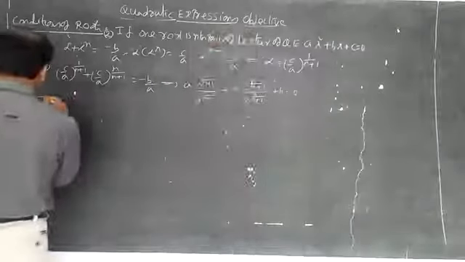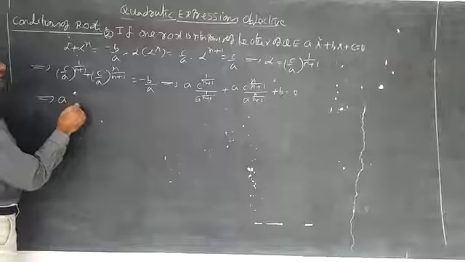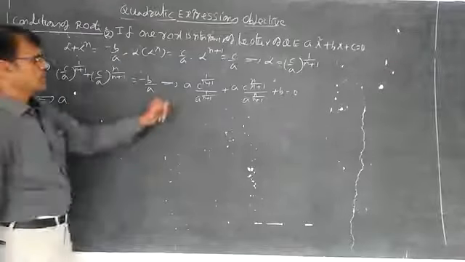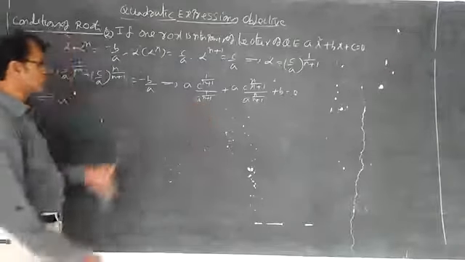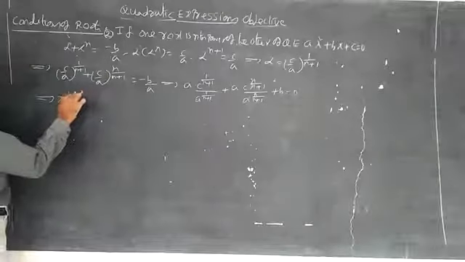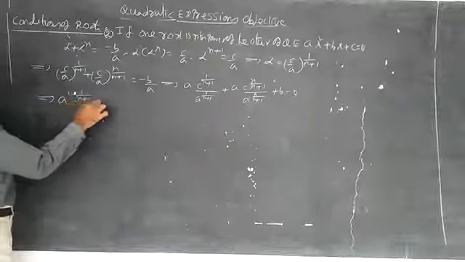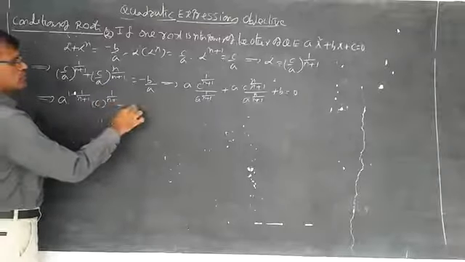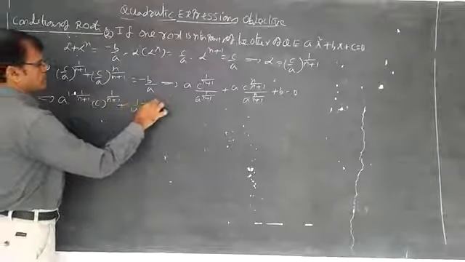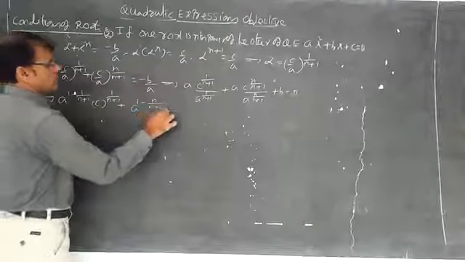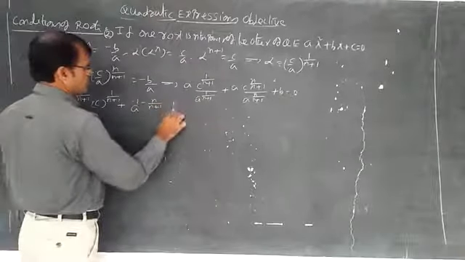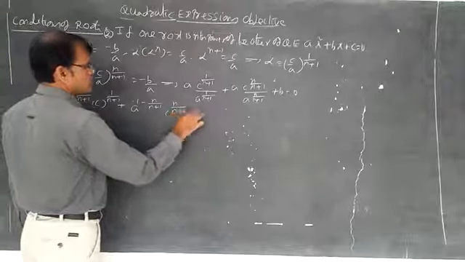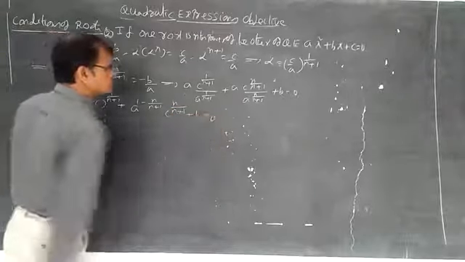Taking a power in the numerator, it becomes a power 1 minus 1 by n plus 1 dot c power 1 by n plus 1 plus a power 1 minus n by n plus 1 dot c power n by n plus 1 plus b is equal to 0.